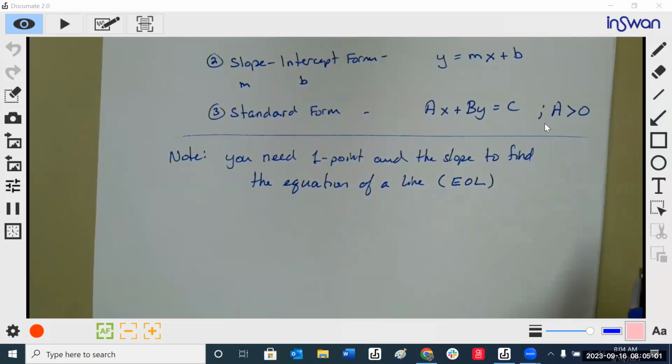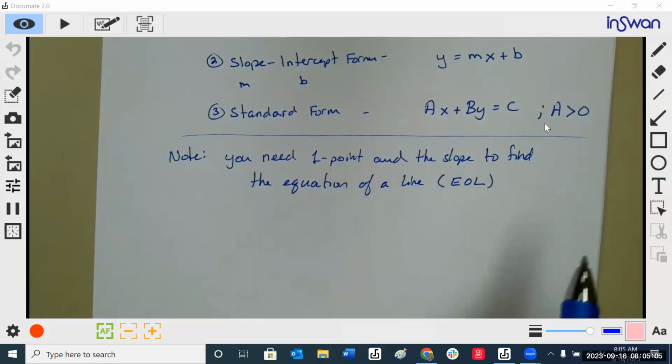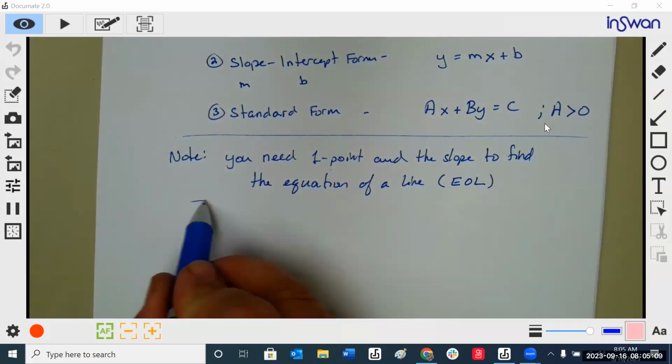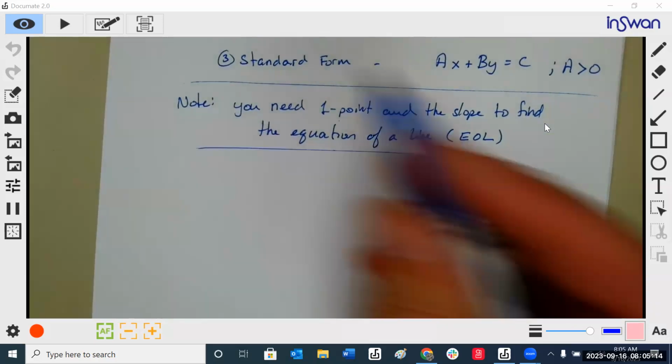So if you're given 2 points, then find the slope, choose either of the points and the slope, and plug it in there. So that's what we did last time.